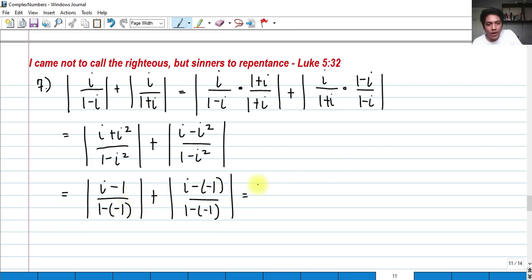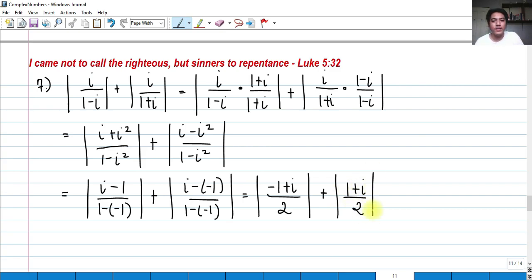So we have negative 1 plus i, I'm sorry, over 2. Then we have plus 1 plus i over 2 also. So we have 1 here, then we have the plus i here.